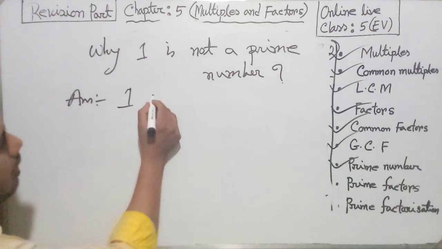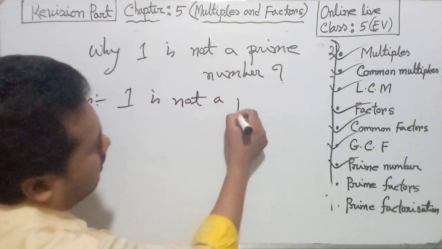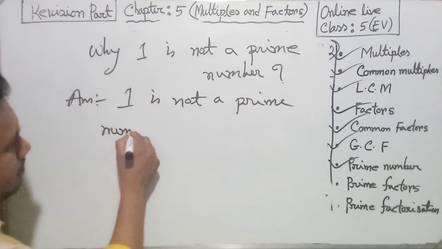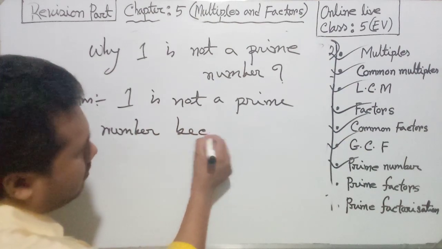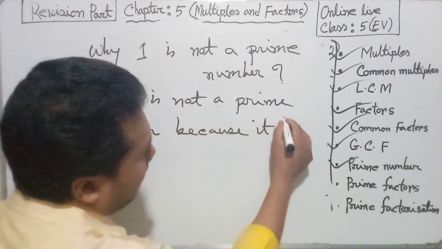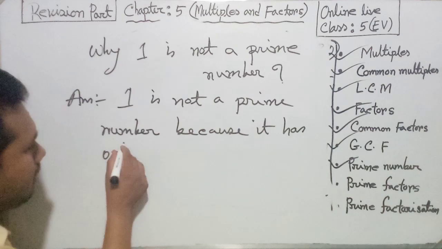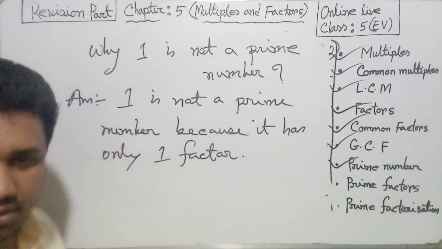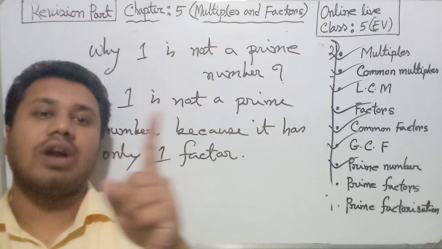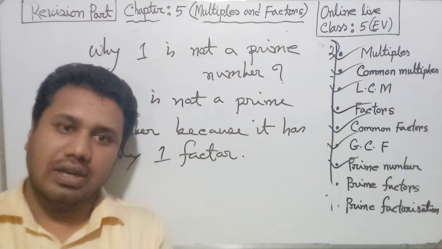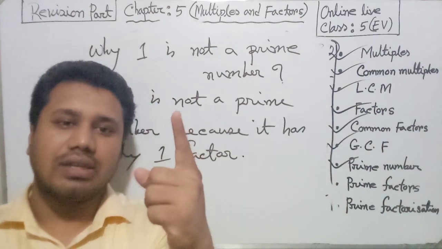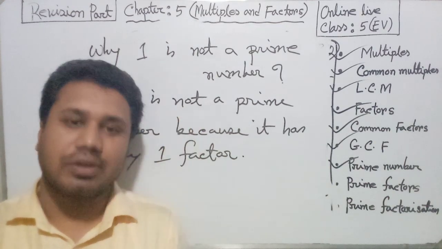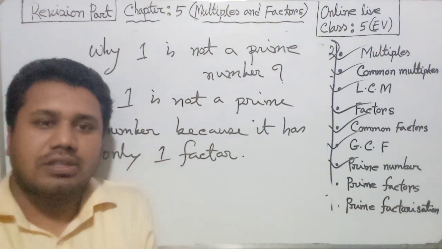We will write: 1 is not a prime number because it has only 1 factor. This is the main reason. The number 1 has only 1 factor, which is 1 itself. But we know every prime number contains 2 factors. But 1 has only 1 factor, so we can say 1 is not a prime number.